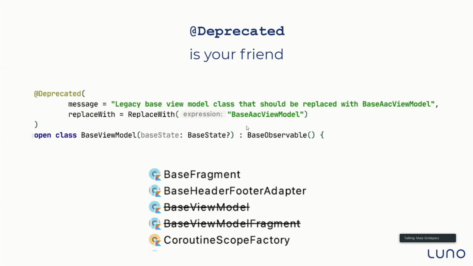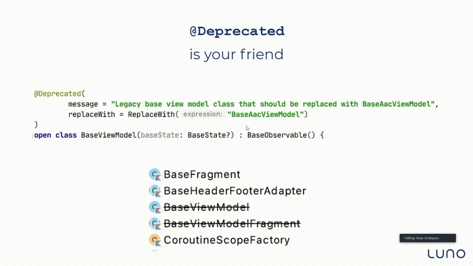So my first tip is that the @Deprecated annotation is your friend. You can see here we marked the base view model with Deprecated. You can leave a message saying what it needs to be migrated to, and you can even add the ReplaceWith option to help the IDE help you when you're trying to convert your models.